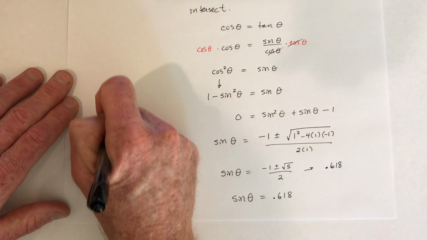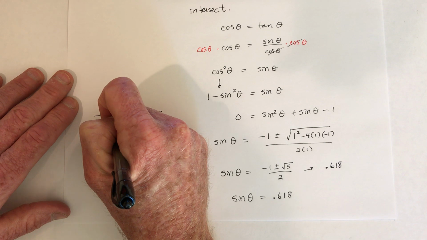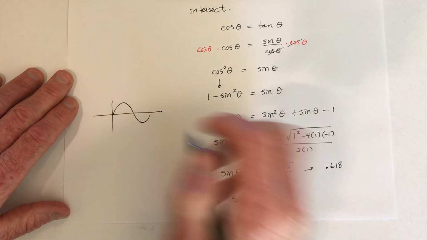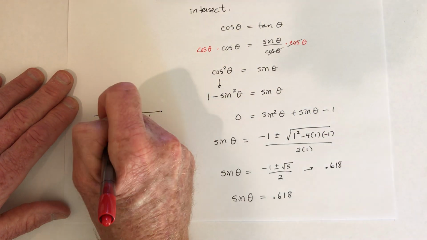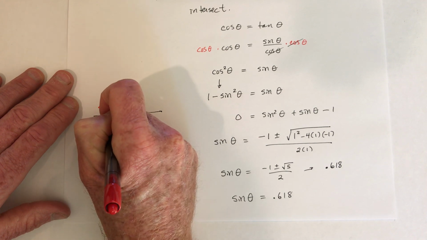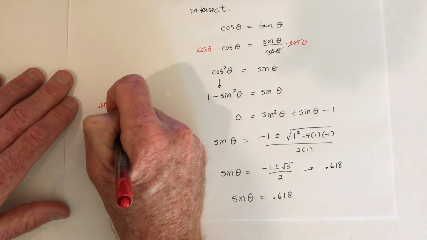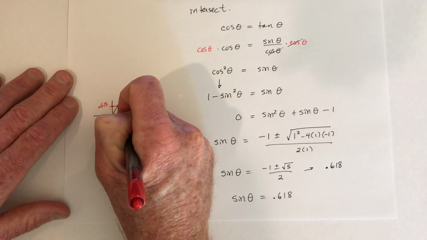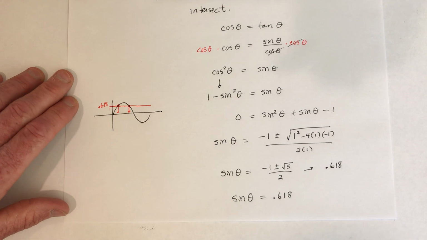Got enough space over here to finish up. So sine goes like this, and then 0.618 is about right here on the y-axis. Go across, and there's two solutions, which is good because when we watched the graph, there were two places where they intersect.